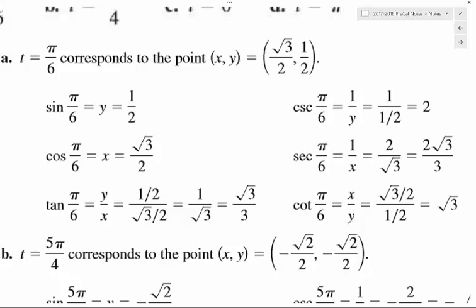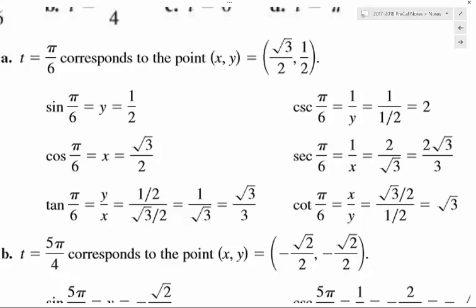The cosecant gives me 1 over y, so it is the reciprocal of the sine. So instead of 1 over 2, it's 2 over 1. The secant will be 1 over x. So 2 over the square root of 3, or 2 square root of 3 over 3, when we rationalize it. And the cotangent will be the square root of 3 over 2 over 1/2, which is square root of 3.